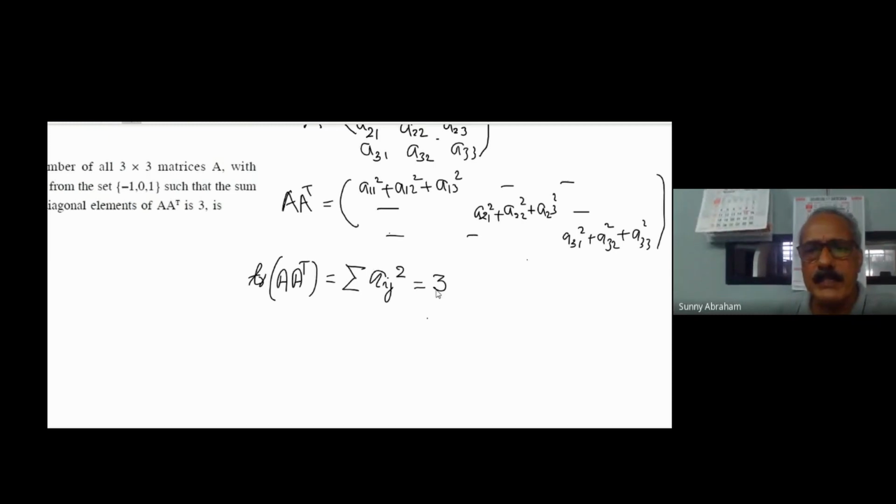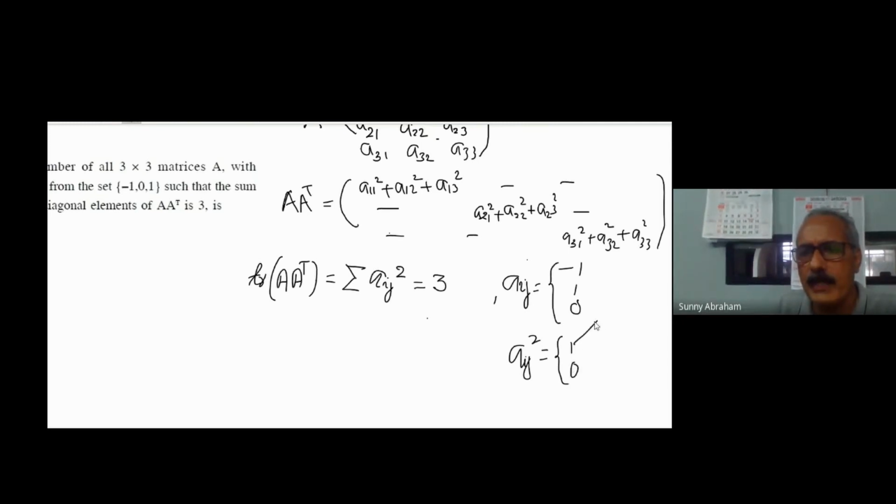And we are restricted: the entries Aij are 0, -1, or +1. But the trace involves Aij square, which will take the values 1 or 0.